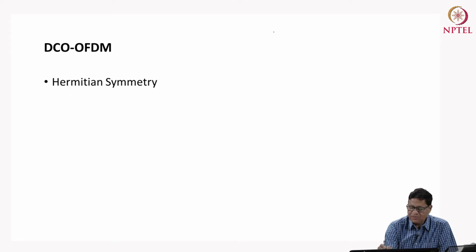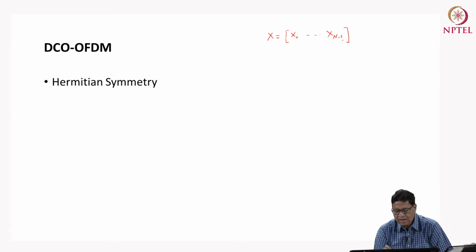Suppose my data signal is given by x0, and so on, these are the data symbols. Let us invoke Hermitian symmetry, and then we will see that the OFDM signal has now become real.